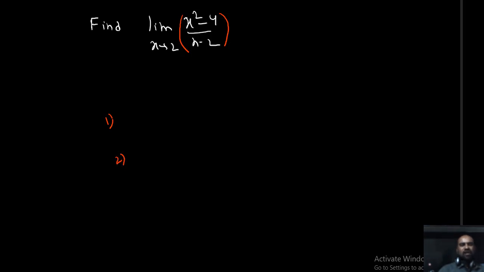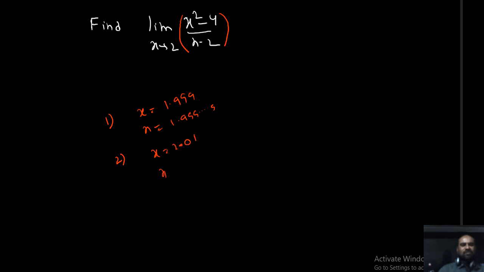What is the algebraic approach, students? Take a value of x nearer to 2, that is 1.99. Substitute. Take another value, x equal to 1.999999, and find the value of x square minus 4 by x minus 2. After that, take x equal to 2.01.